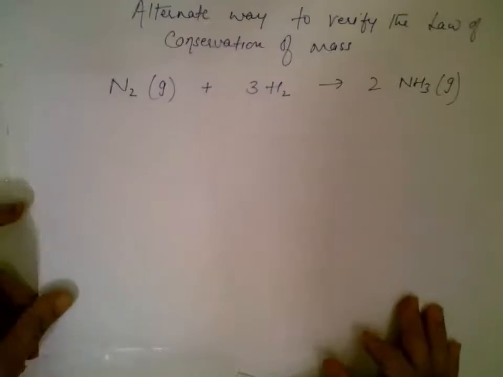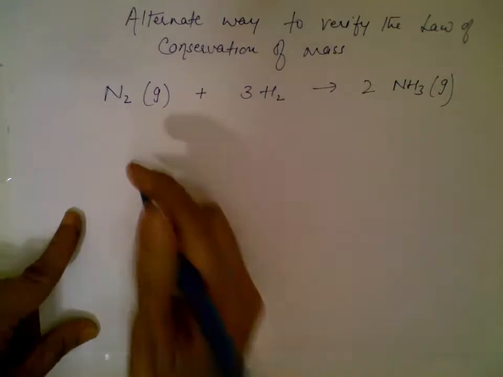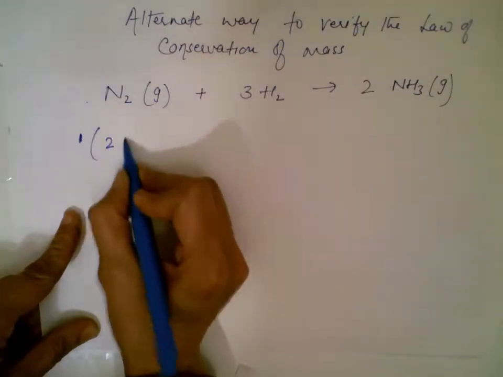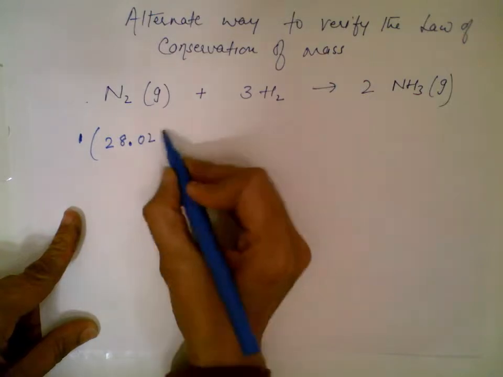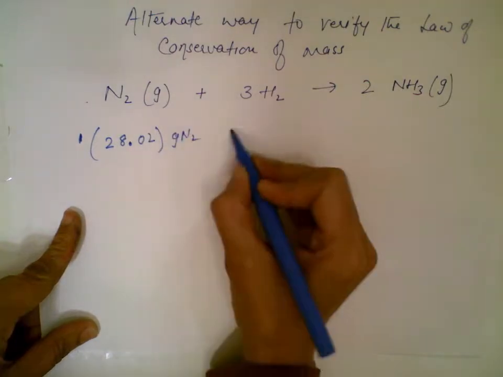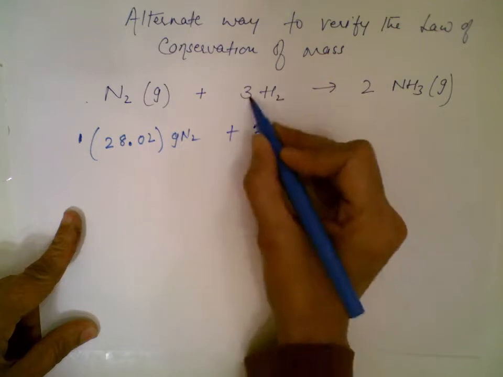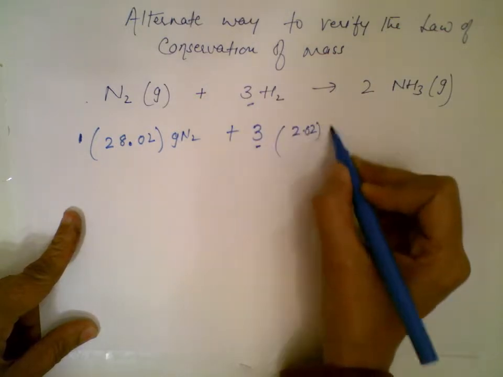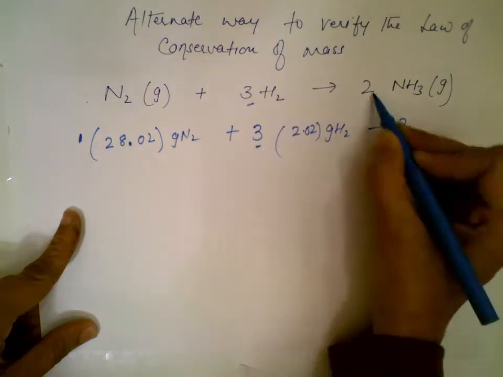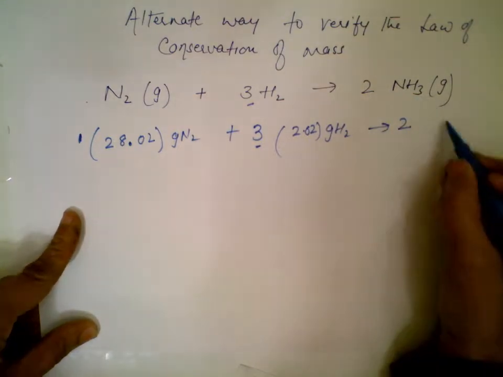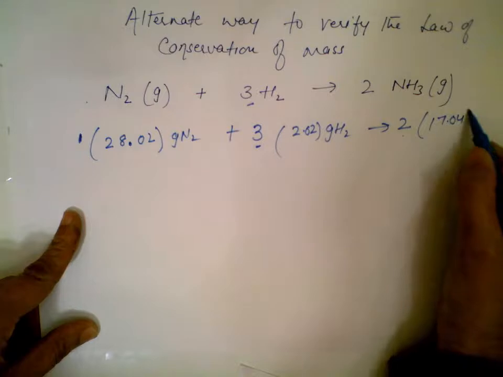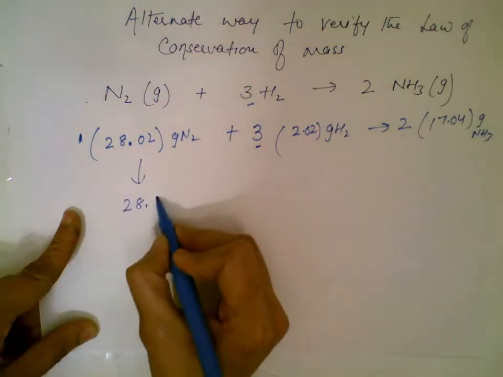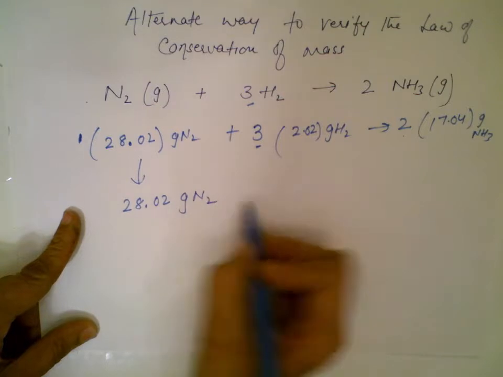What you do, go back to your original equation. So you have here 1 mole of nitrogen molecule. So you write here 1. The mass is 28.02 grams of nitrogen, and here you have 3. Hydrogen molecule, the mass is 2.02, and here 2 moles. Mass of ammonia molecule is 17.04 grams of ammonia. Here it gives you 28.02 grams of nitrogen.